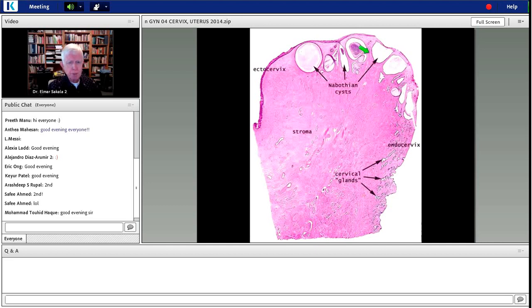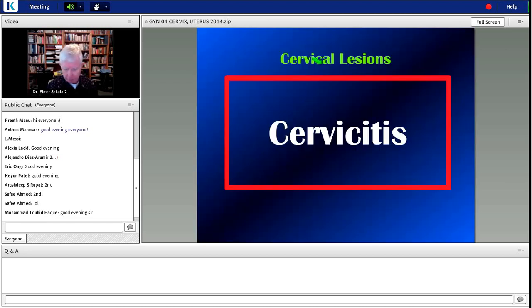And this area between, where the Nabothian cysts are, is the transformation zone. And you can see that the area is covered by stratified squamous epithelium on the top, but these mucus-producing areas are still at work, making the mucus which can't get out. They're benign. You don't need to worry about them. That's just an interesting phenomenon. You don't need to do anything about it.